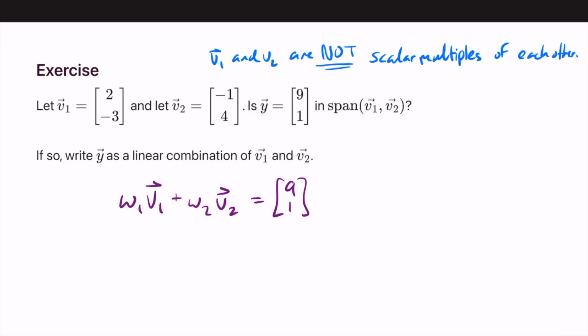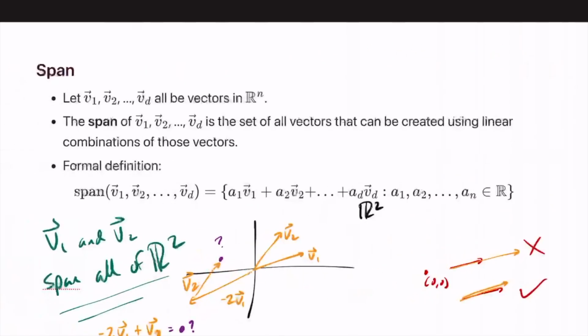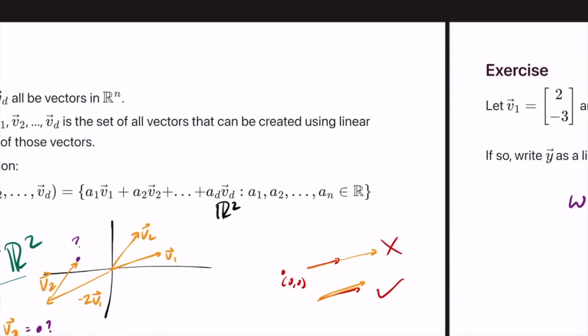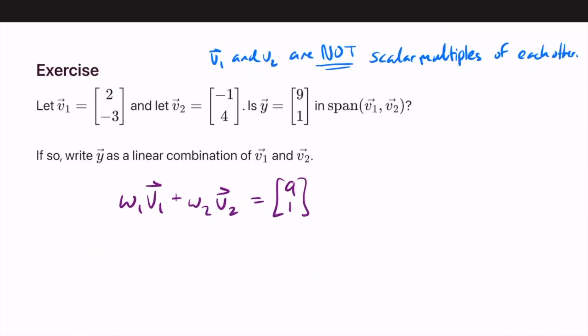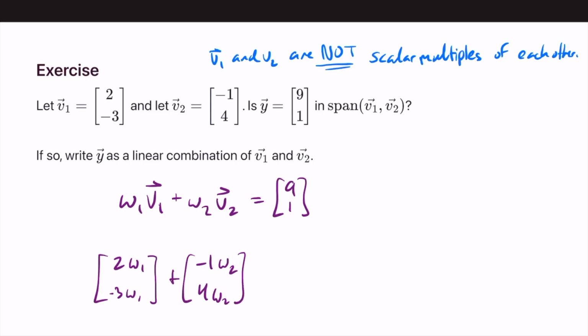To see if it spans, we'd set this up: let's say we have 2 and -3 times W1, plus -1 and 4 times W2, and that will equal 9, 1.